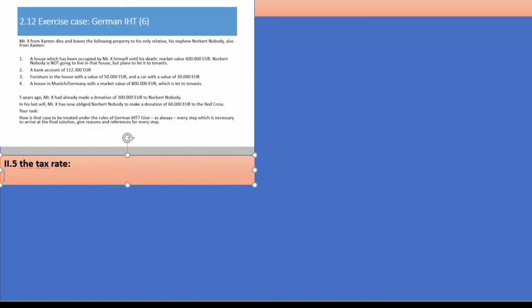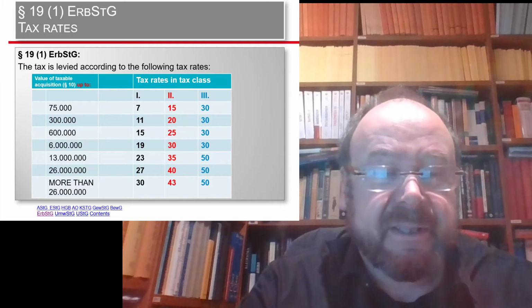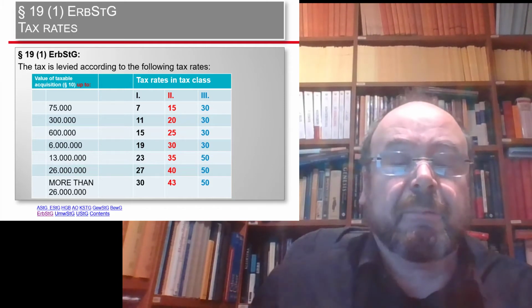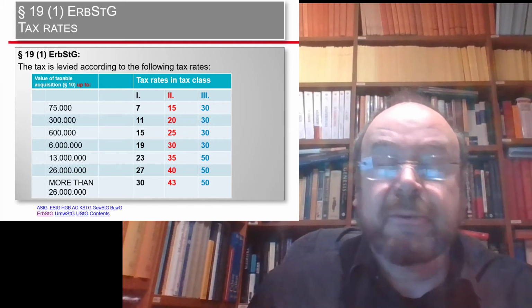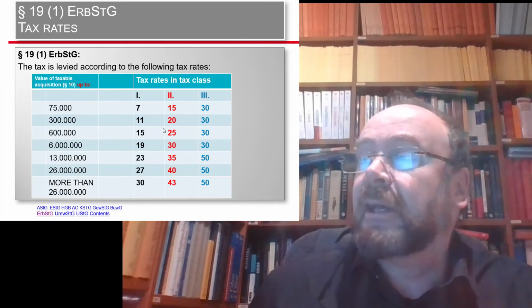And so the only thing we can do is look up which tax rate applies to a transfer of 300,000 in tax class 2, sorry. And here we have it, 280,000. That was what we have to look up. In tax class 2, this is 20%.